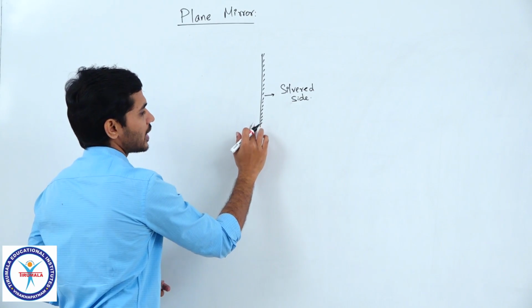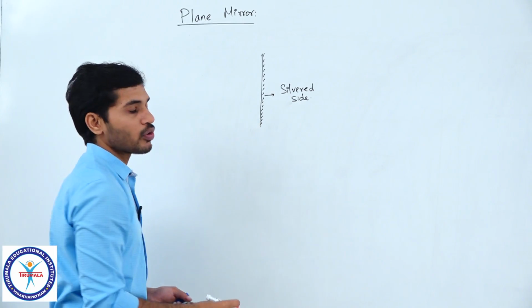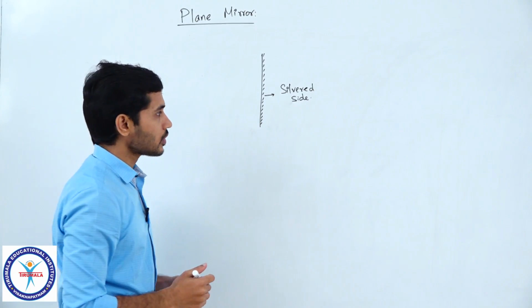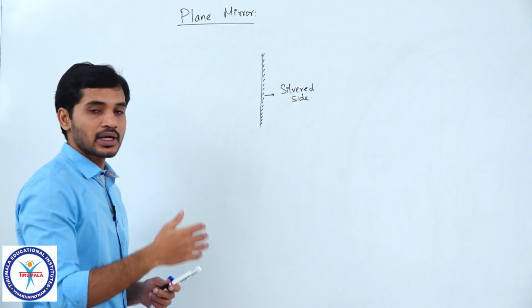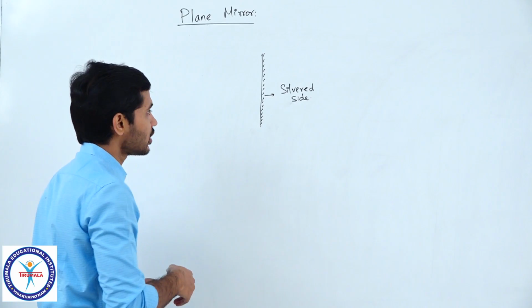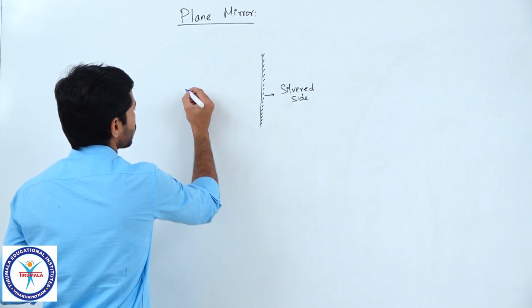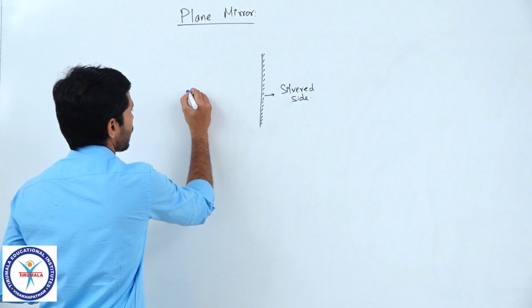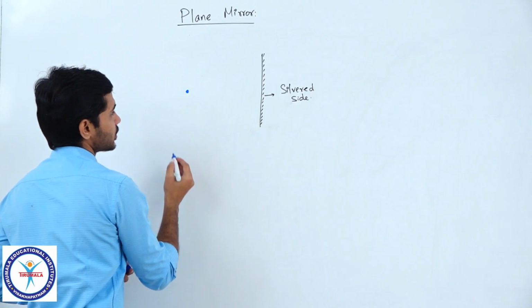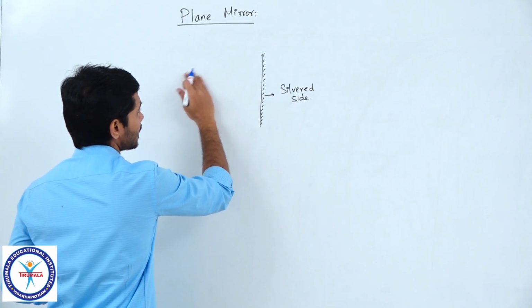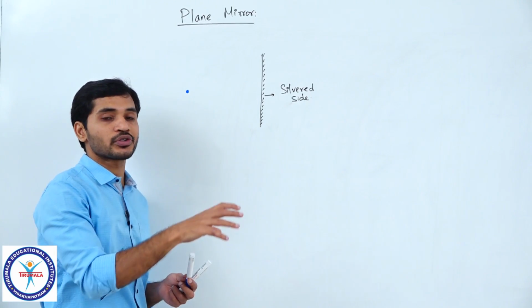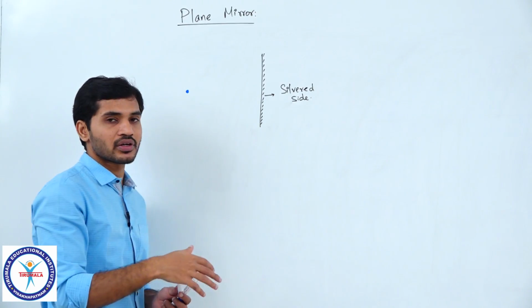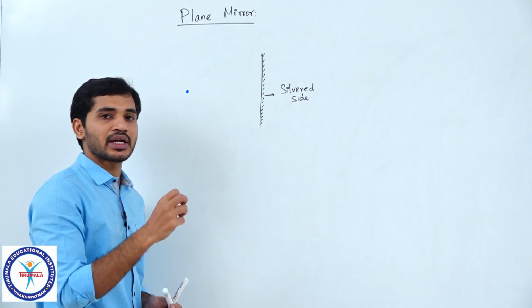Okay. So, now let us consider the image formation in the case of a plane mirror. I will take a point object first and then we will move on to larger objects as well. So, if I consider that there is an object over here placed at some distance, we have already understood earlier that whenever we need to understand the location of the image formed by a mirror or any other device, we need at least two rays.